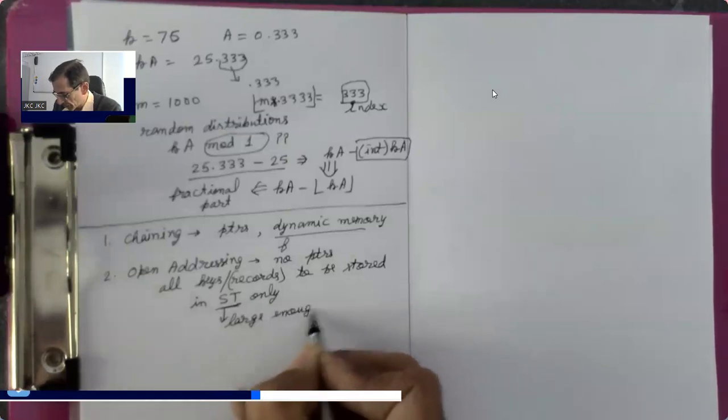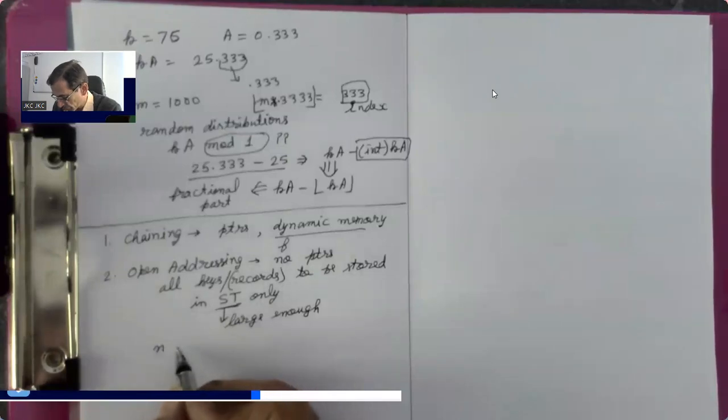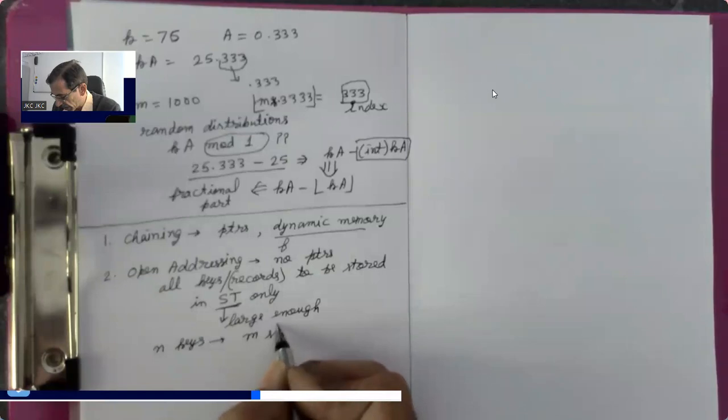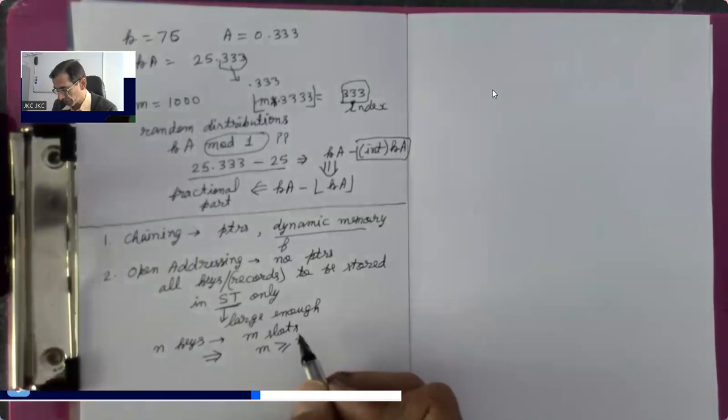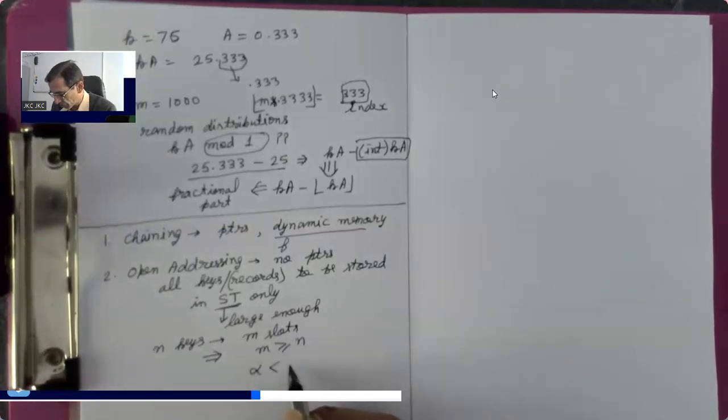Obviously, if there are n keys or n records to be stored in m slots, and if I am not allowed to go beyond ST, it will imply that m must be greater than or equal to n. Only then you will be able to ensure open addressing. That indirectly means alpha will always be less than or equal to 1.